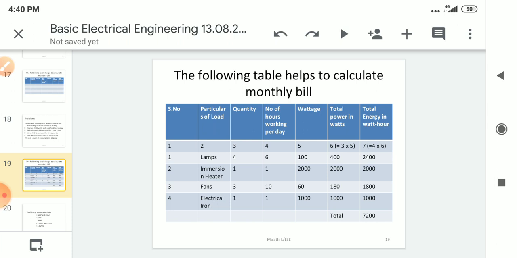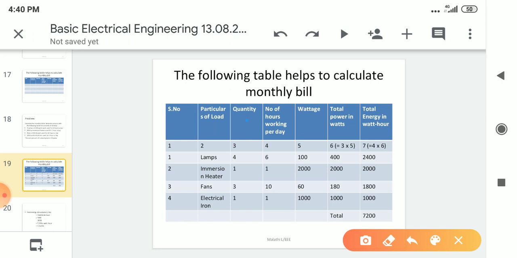Let's write this. Here these are the particulars of load: lamp, immersion heater, fans, electrical iron. Next, this is the quantity. The third column is about the quantity.